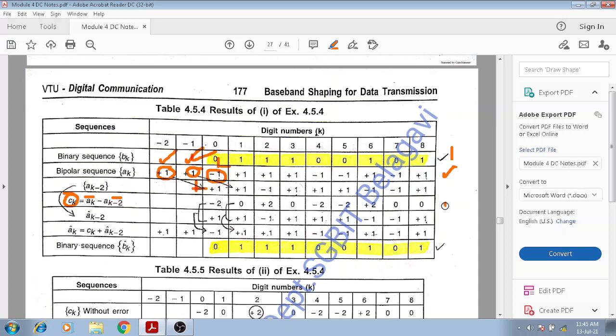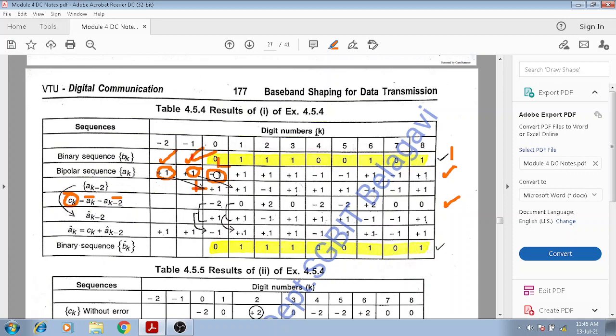Now this row is important. Look at the third row, where we are writing the bits or the levels in the encoder output CK, which is AK minus AK minus 2. Look here: AK is this one, AK minus 2 is this one.